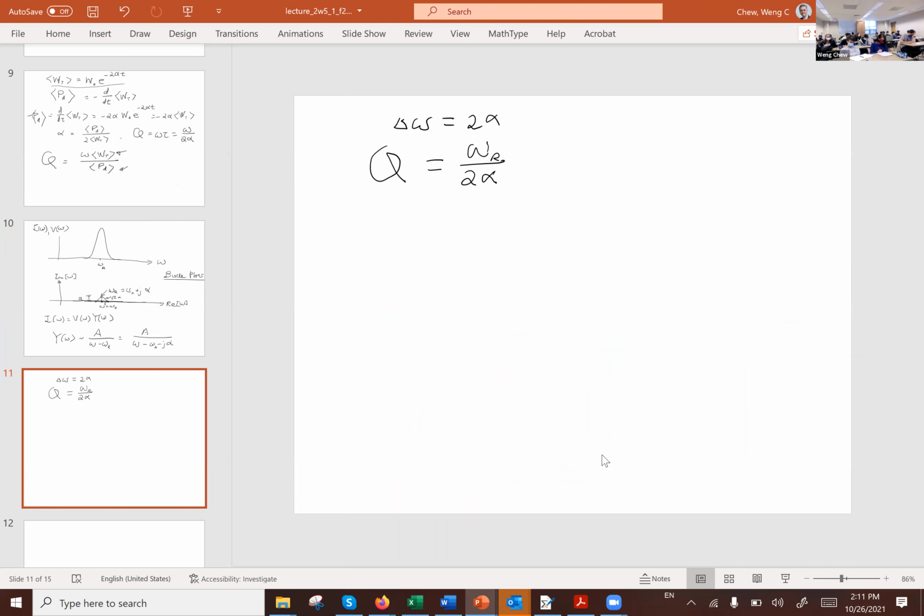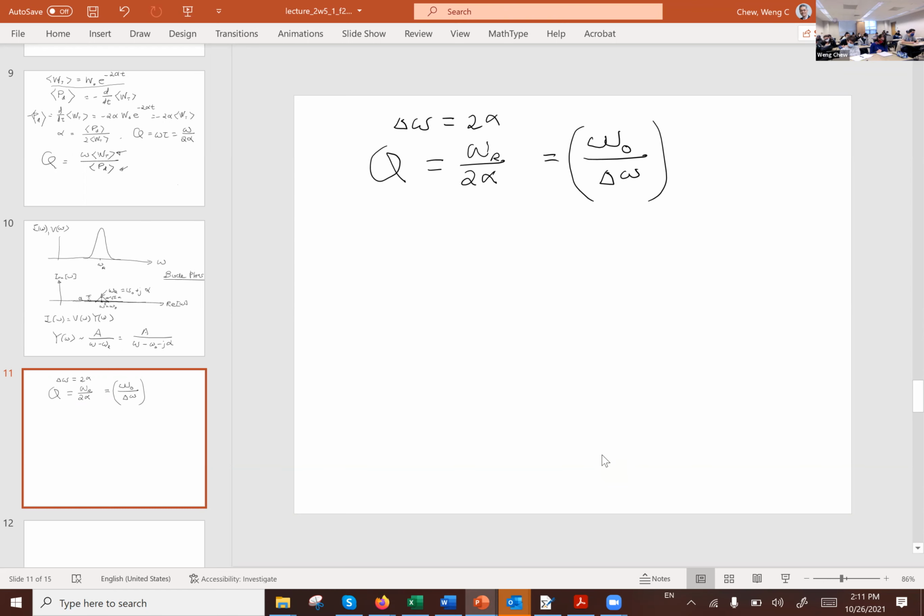And hence, Q can also be written as the resonance frequency, which I have called omega naught over here, divided by the bandwidth. So this is another way of estimating your Q. It's just the resonance frequency divided by the bandwidth.